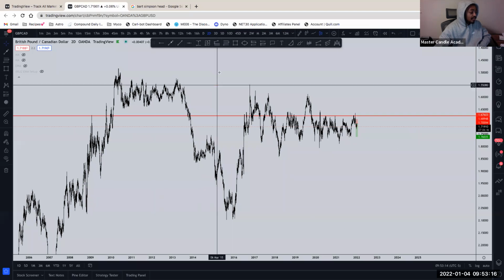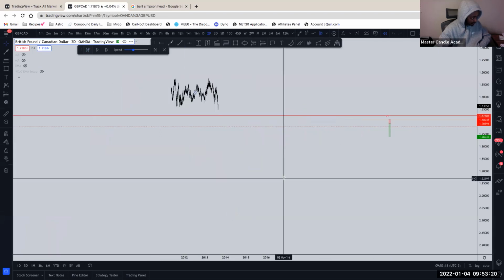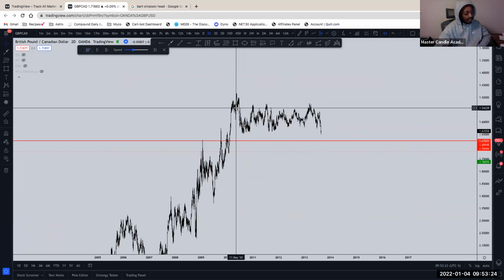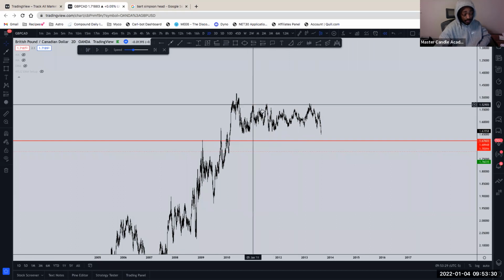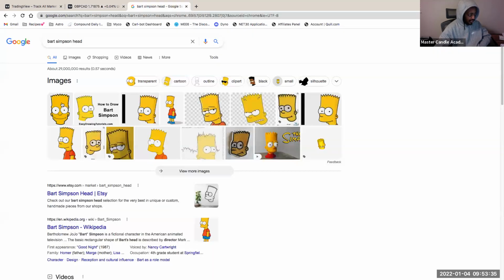When you come to the market, if you see price consolidating across the top, just literally bouncing up and down, looking like a heartbeat monitor, this is Bart Simpson. You guys see it? I wish I could drag this picture and put it on my chart.